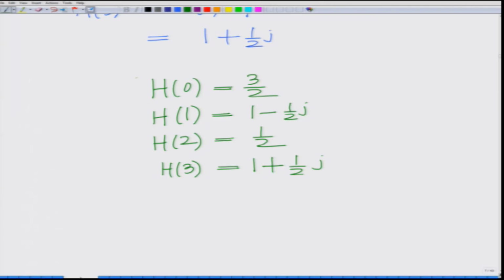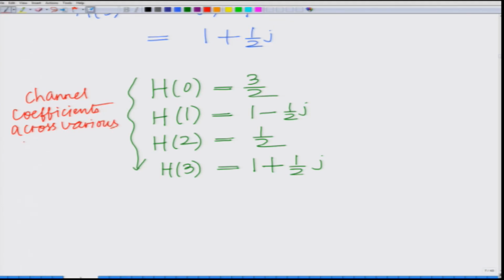Okay. So, these are the channel coefficients across the various subcarriers. Okay. So, we have the capital Hs.